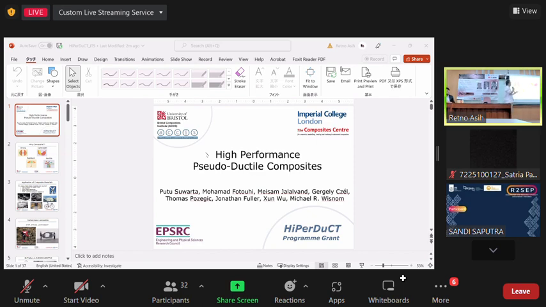Composites are strong, so they can carry quite a load, and they are also lightweight, so we can lift them quite easily. Polymer composites and carbon fiber have quite high resistance to corrosion and chemical attack.